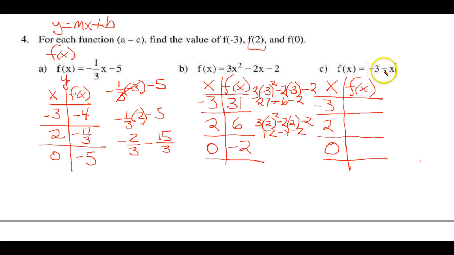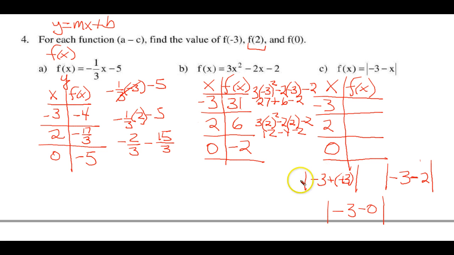All right, now for this one we have to put our values into what's between the absolute sign, and then whatever we get out of here becomes a positive. So let's work on that. So setting these up, we have the opposite of a negative. We'll make this a plus. So a negative 3 plus 3 is 0.